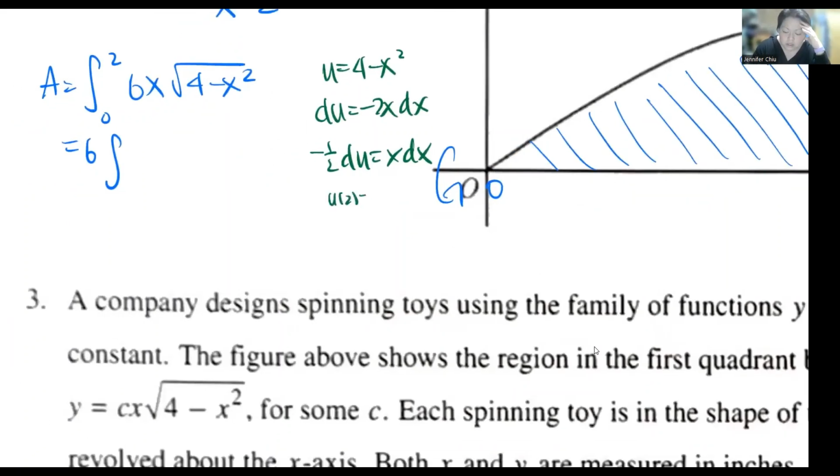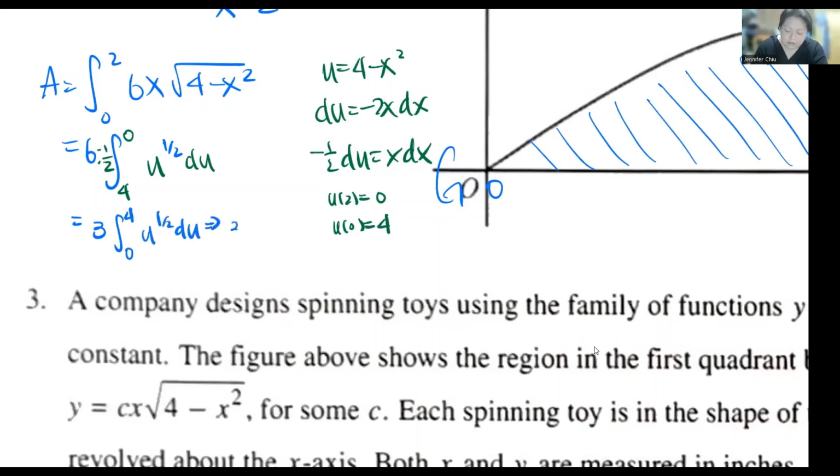So u of 2 equals 4 minus 4, that gives me 0. U of 0 equals 4 minus 0, gives me 4. Okay, so it's going to switch that around like so. And you're going to have times negative 1/2 du, and then u to the 1/2 power. Okay, so now what this does is I'm going to make this 3, and that negative is going to make me change it back to 0 to 4. U to the 1/2 du.